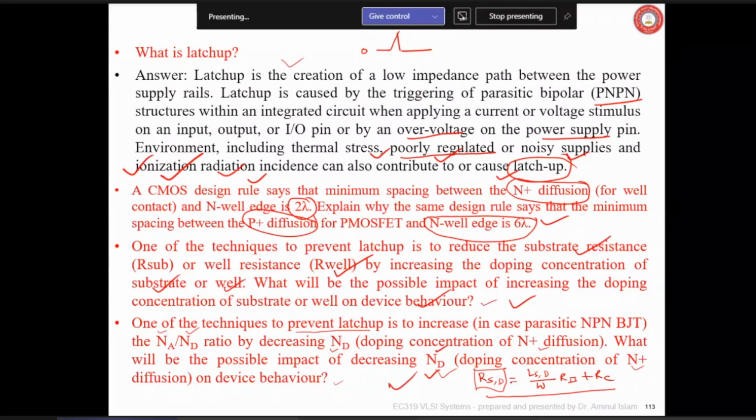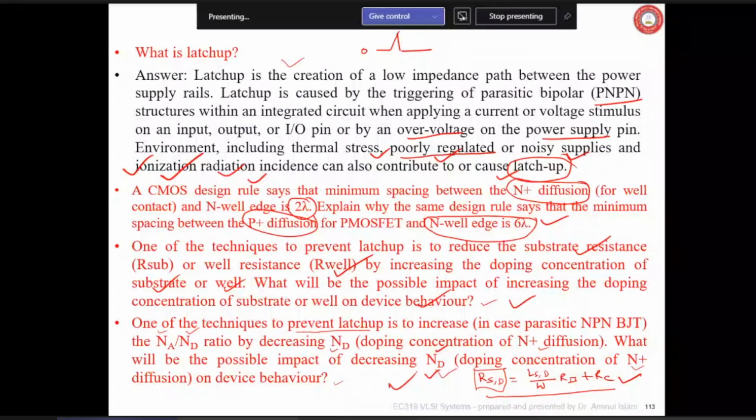Your RS or RD will increase, right? And hence, if RS and RD increase, then your RC delay will increase and circuit speed will decrease. So this is all about latch up prevention techniques.